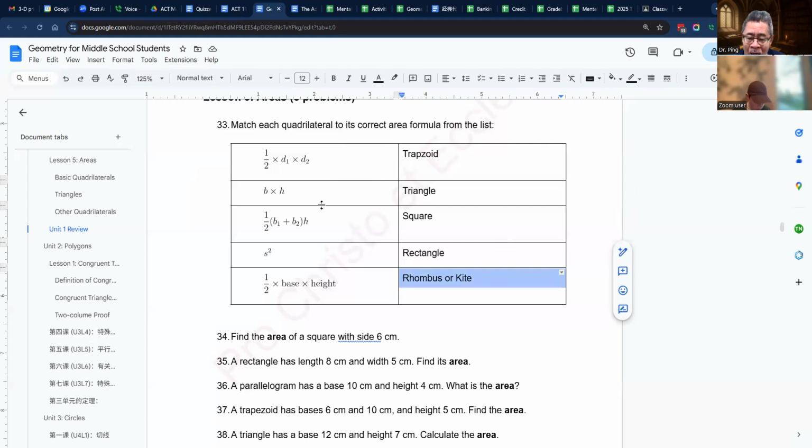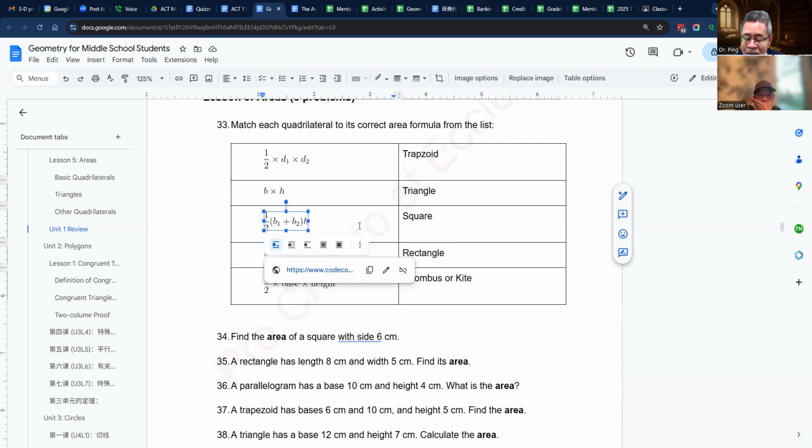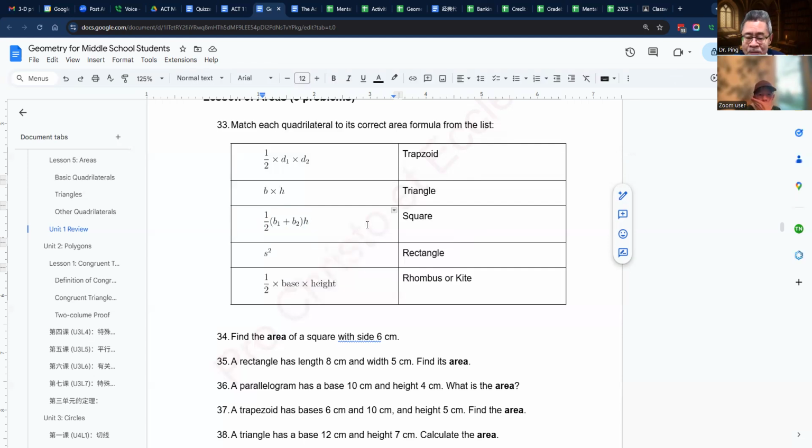That works. How about base times height? For the second one, it is a rectangle or parallelogram. This one, half times base 1 plus base 2 times height. What's that shape?